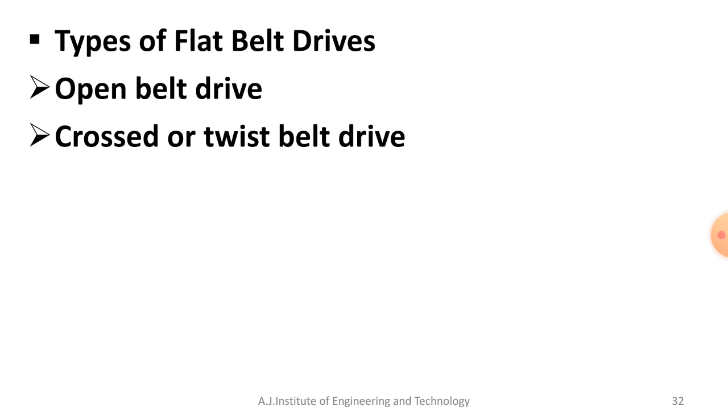At the same time, the center distance should be less than 8 meters, then only you can go for this type of belt drive. Based on flat belt, again you have two classifications. One we call open belt drive, another we call crossed or twist belt drive. We'll see in detail about this.